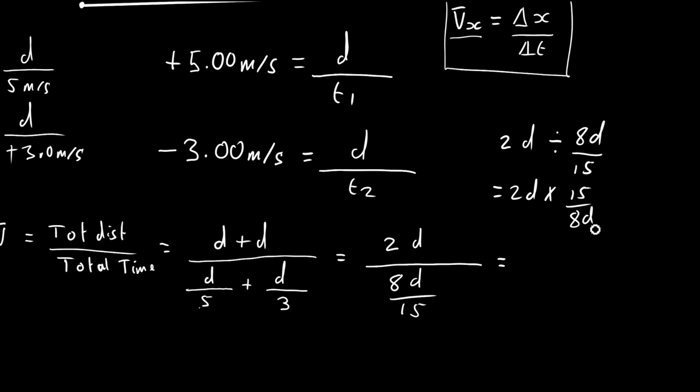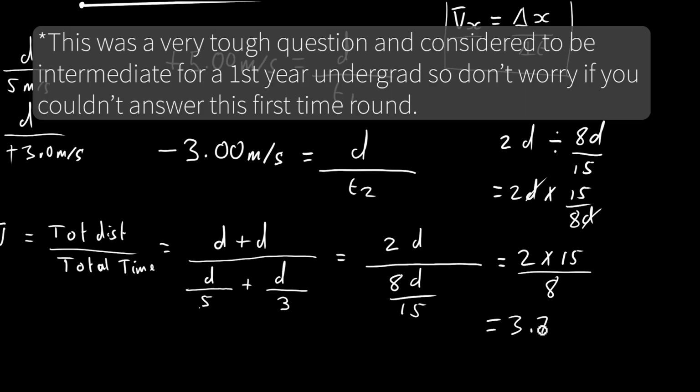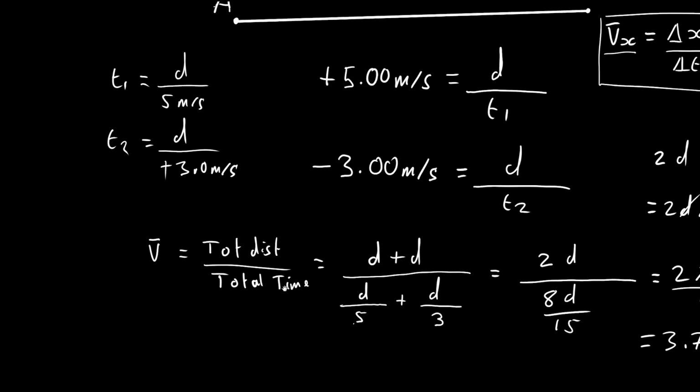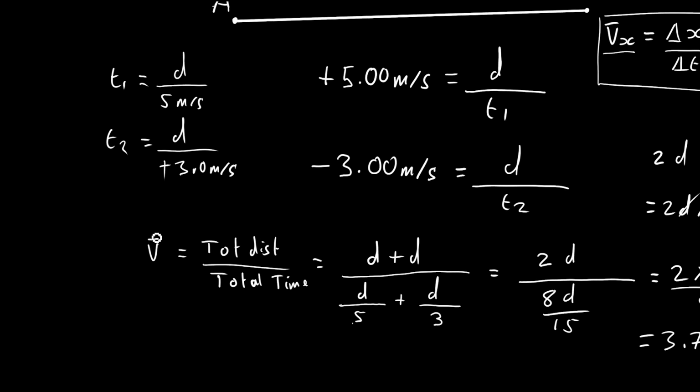The d's cancel out, leaving us with 2 times 15 divided by 8, which is equal to 3.75 meters per second. And just to note here, this should not be a vector, it's a scalar. This is the speed rather than the velocity.